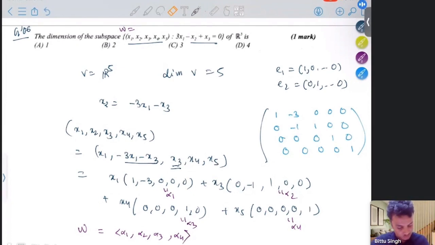So here we can say that those rows are linearly independent, because each row contains a pivot entry, right? Therefore, the rank of this matrix is 4. Hence, alpha 1 up to alpha 4 are linearly independent, which generates the vector space W. Therefore, the dimension of W will be 4, and the basis is given by this.